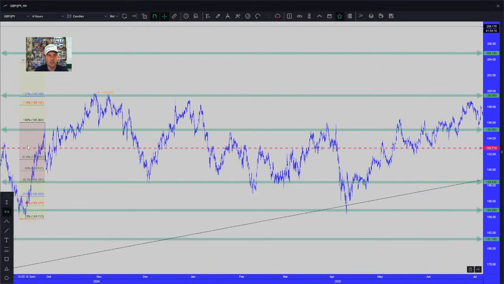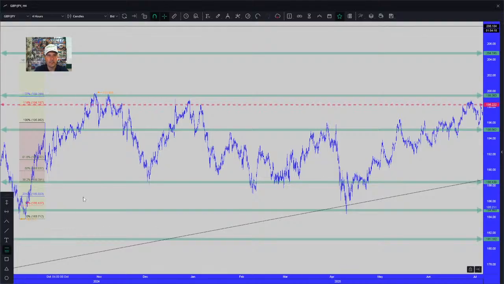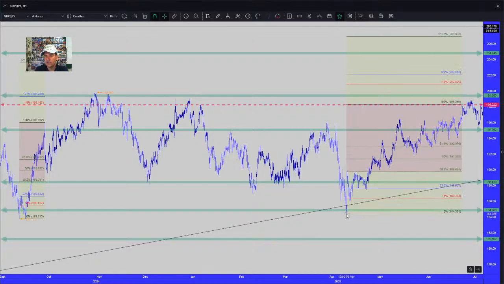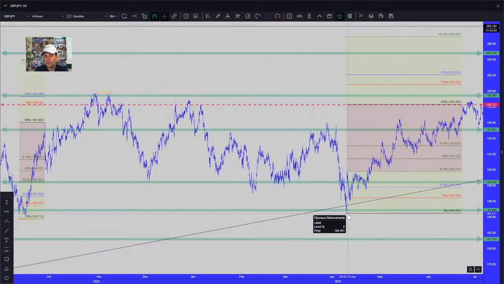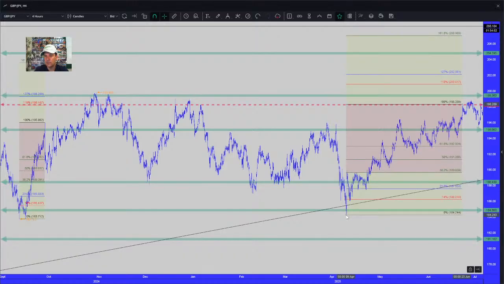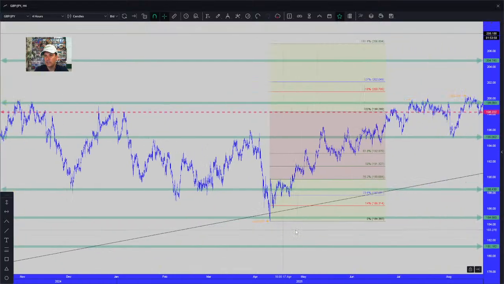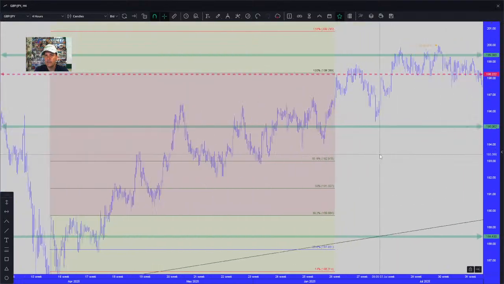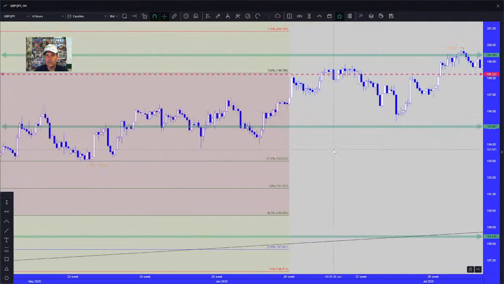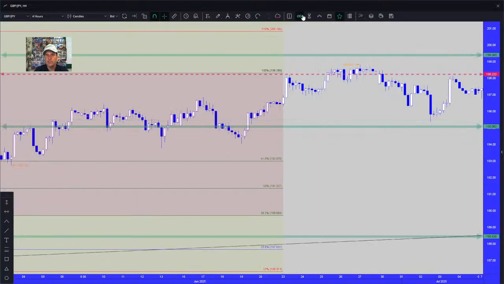So horizontal line at the red this time. Horizontal line at the red. On the 4-hour chart, I'm going to double check the high. A little bit lower. Snap to candle. Whoops, one more time. There you go. And widget.